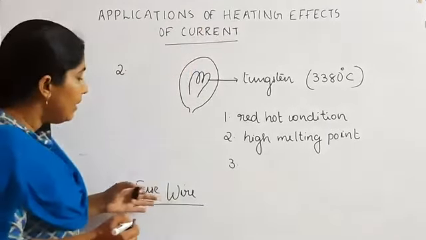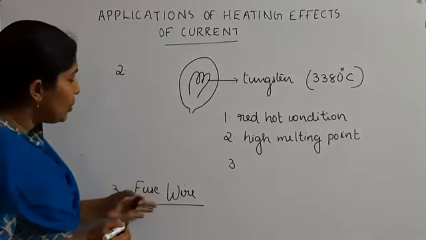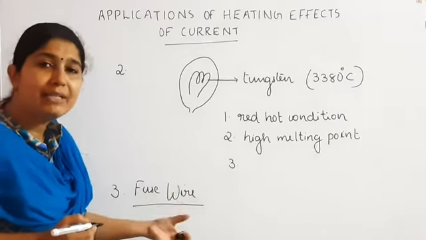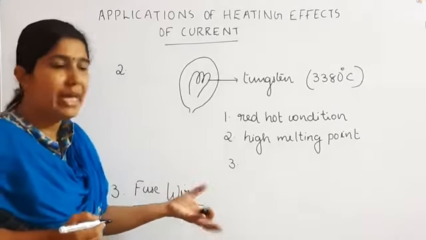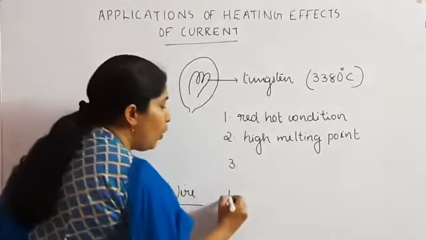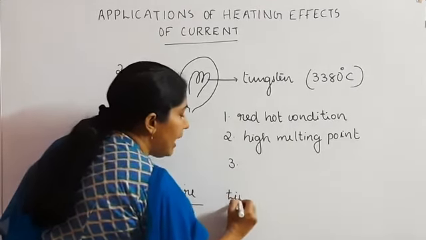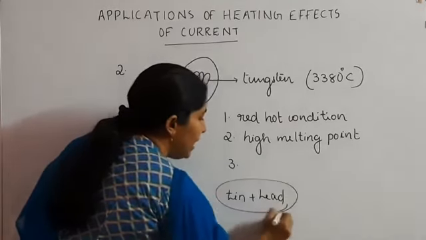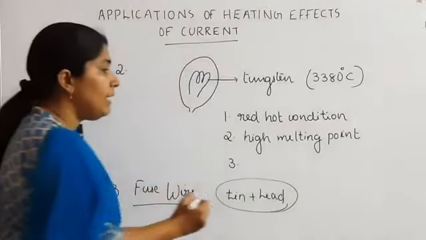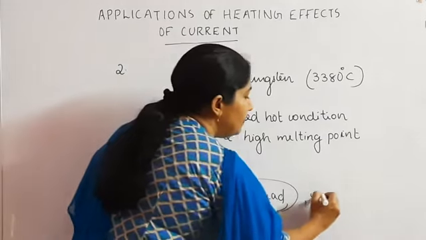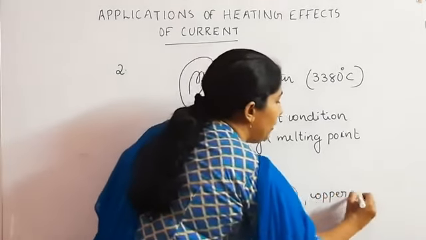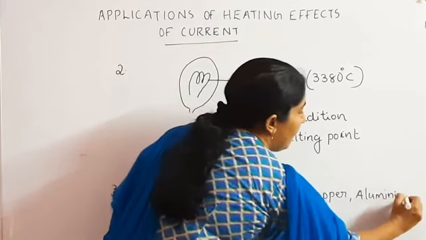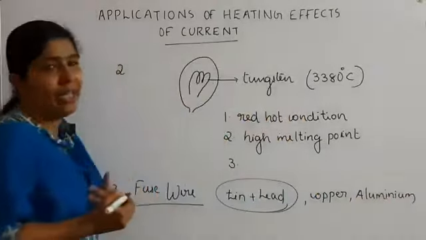The material used to make fuse wire is certain metals or alloys, an alloy made up of tin and lead, and certain metals like copper, aluminium, etc. are also used for making fuse wire.